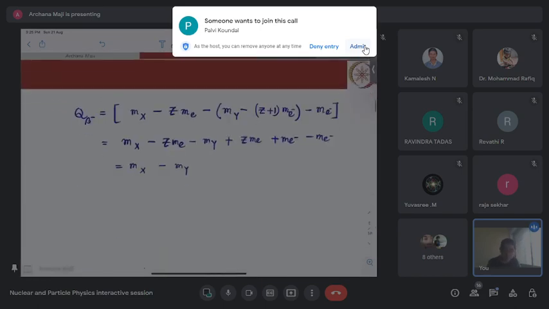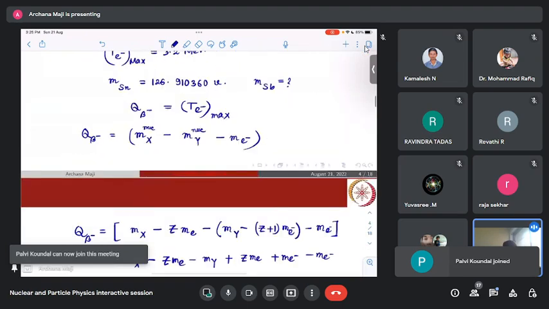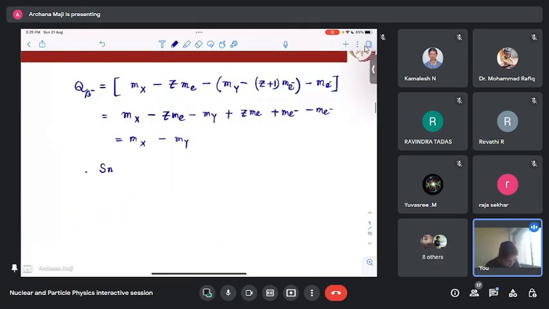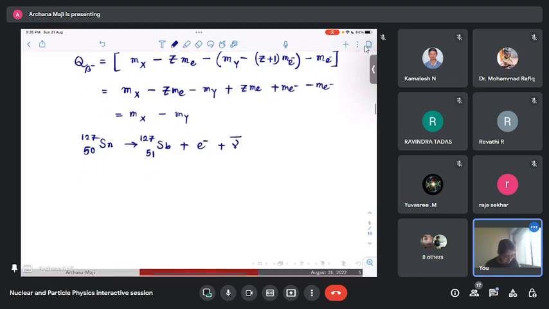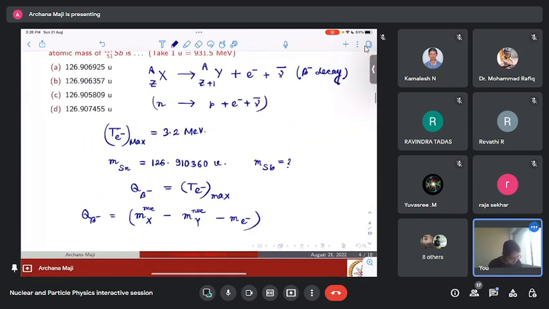So here the beta decay is Sn 51 127 becomes Sb 51 127 plus electron plus antineutrino, and the Q value is nothing but 3.2 MeV.